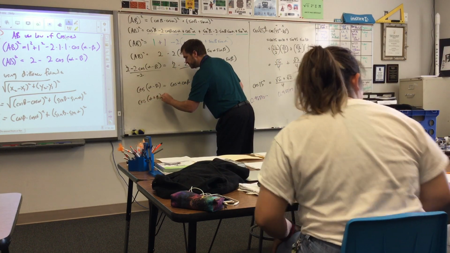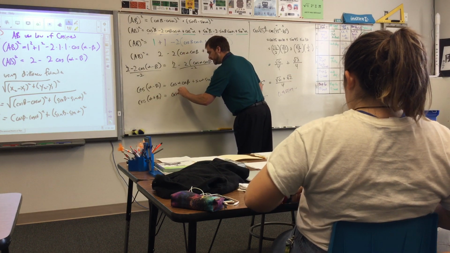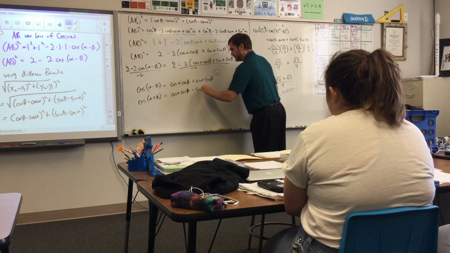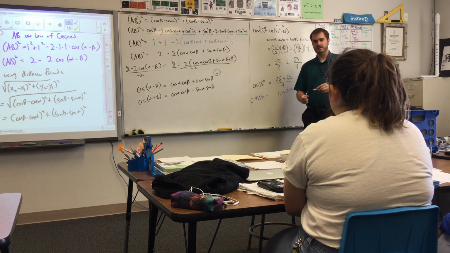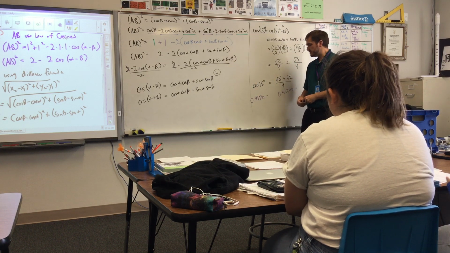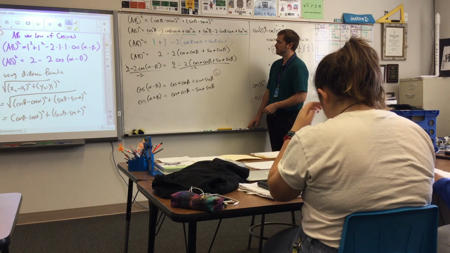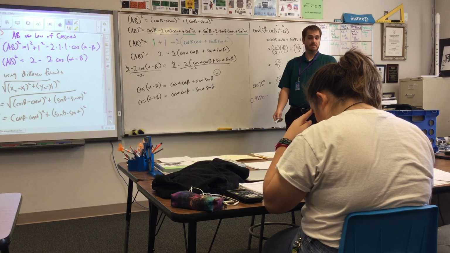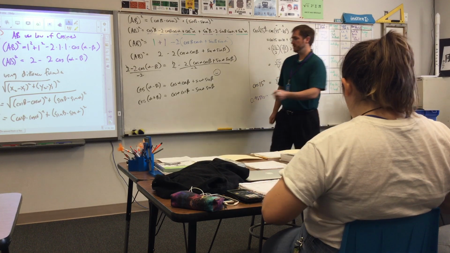Cosine alpha plus beta is equal to cosine alpha cosine beta minus sine alpha sine beta. Notice the difference, they're flipped. So your trig chart, folks, they want to be real clever and save some paper and save some ink, and they will write both of those on one line.